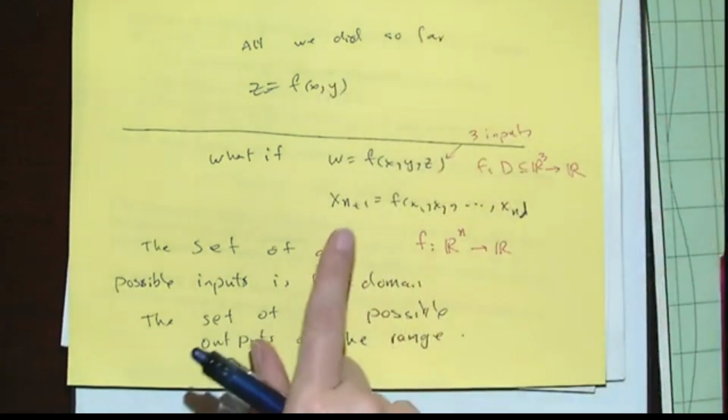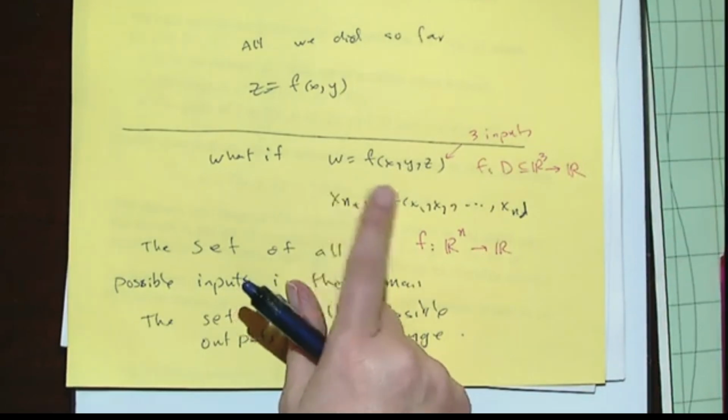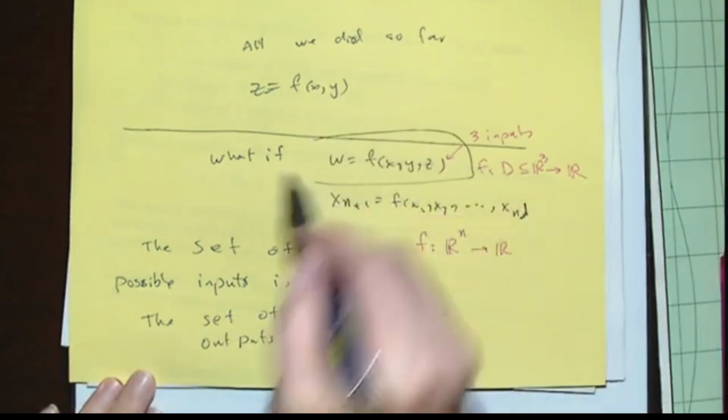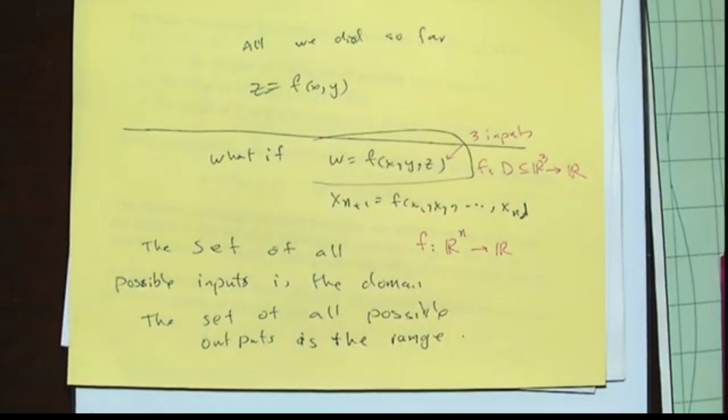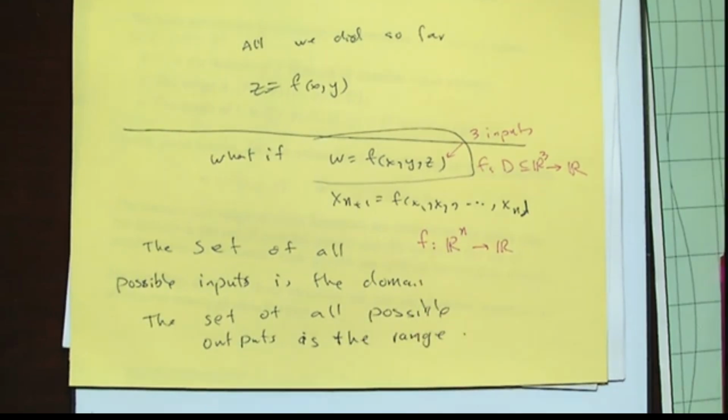So if I have 3 inputs and an output, where does the graph of this one live? R4, right? 4 dimensions. And this one in R^(n+1), right? So the graphing becomes a problem. So what do we do? We introduce level curves and contour maps.